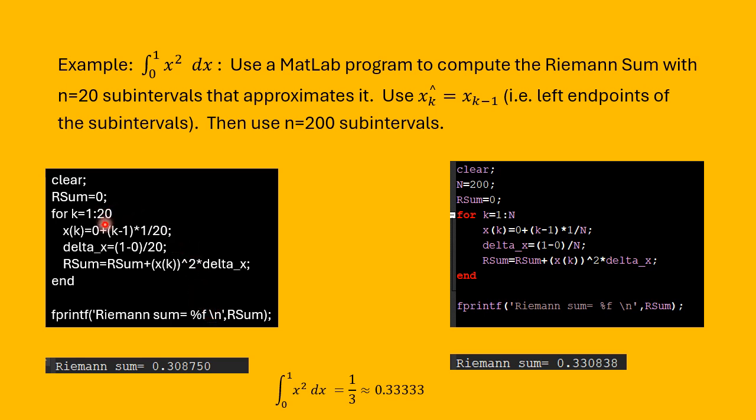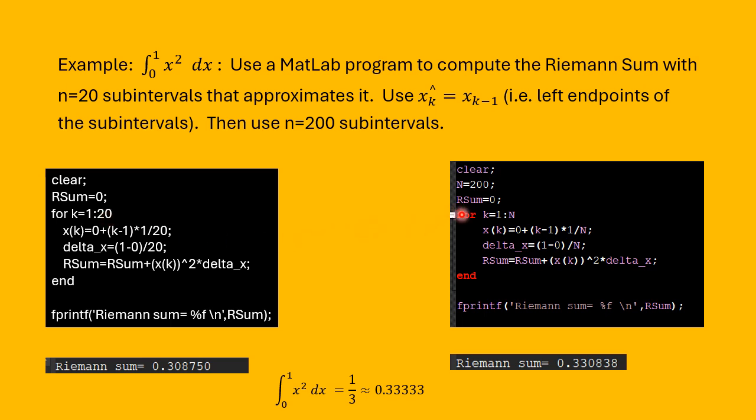For n equals 20, it turns out that we get a Riemann sum of 0.308750. Well, that's pretty close to the exact value 1/3 of this integral, but it's not exceedingly close. But then we only used 20 subintervals here.